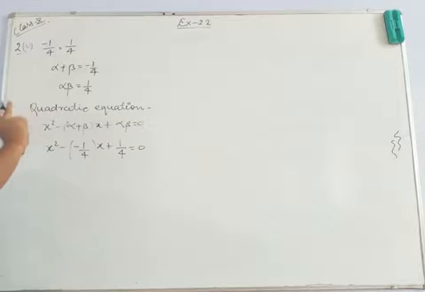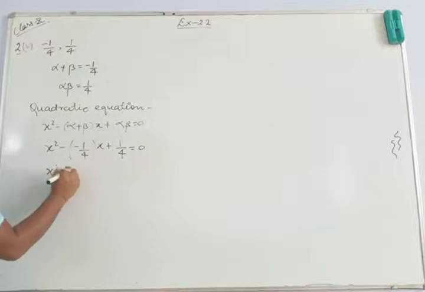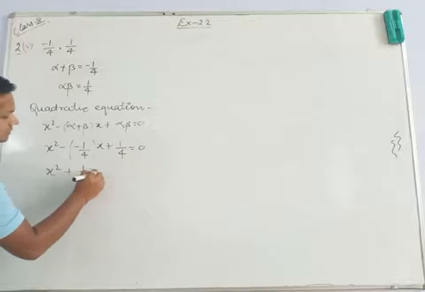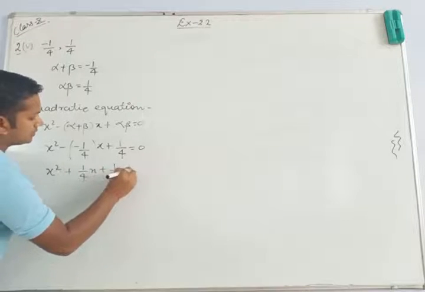Now at first let us just simplify it. Minus minus plus 1 upon 4x plus 1 upon 4 equals to 0.